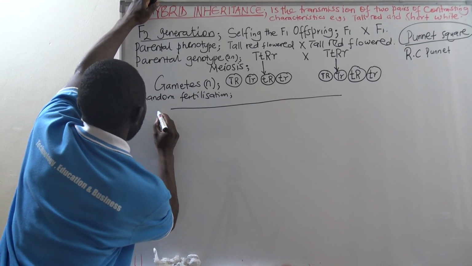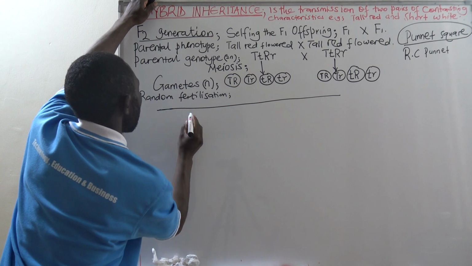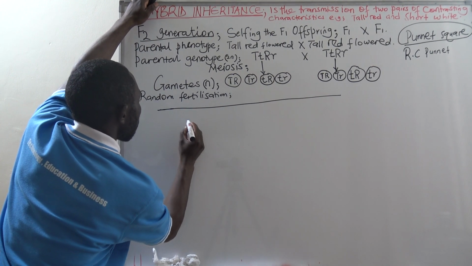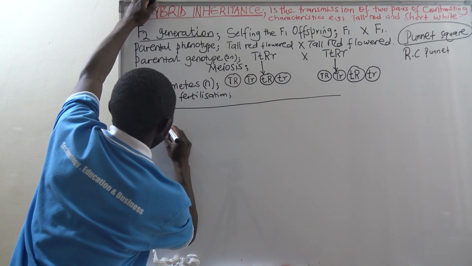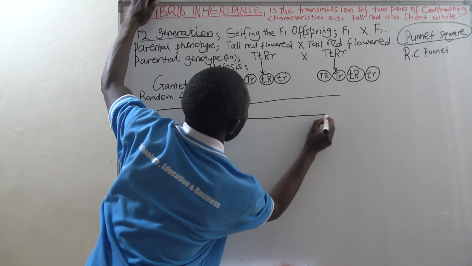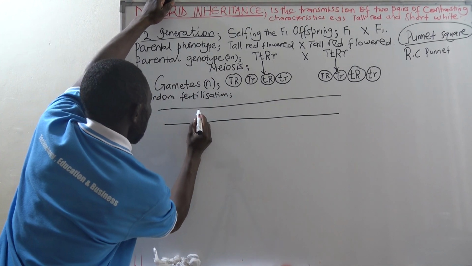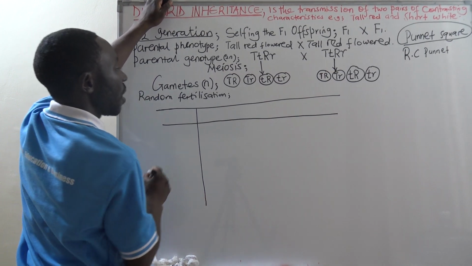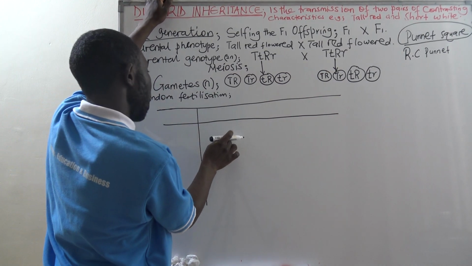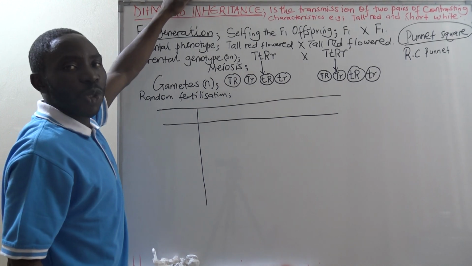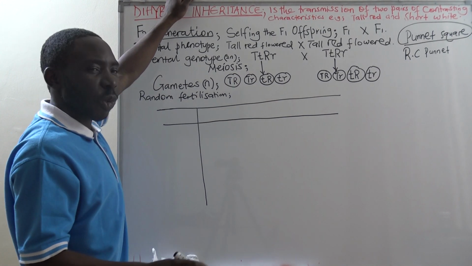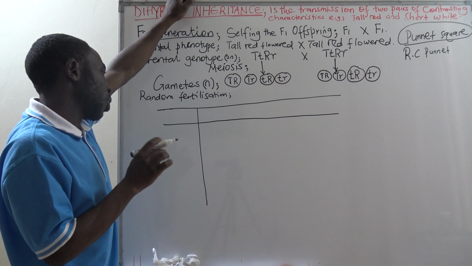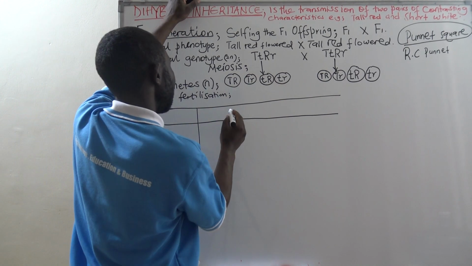I am going to draw a Punnet square. If I can draw it like that, I have said a Punnet square consists of vertical squares and then horizontal squares.